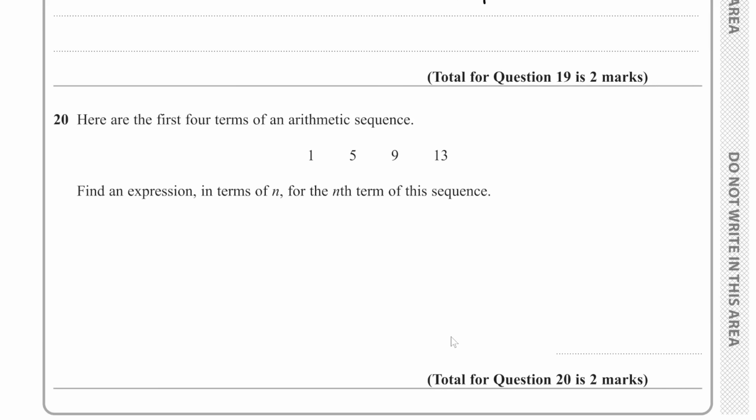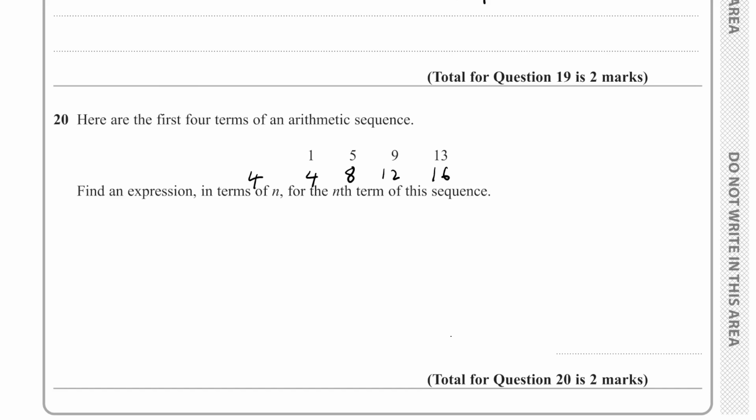Question 20. Here are the first 4 terms of an arithmetic sequence. Find an expression in terms of n for the nth term. So 1 to 5 to 9 to 13 is going up in 4s. It's like the 4 times table, which is 4, 8, 12, 16.